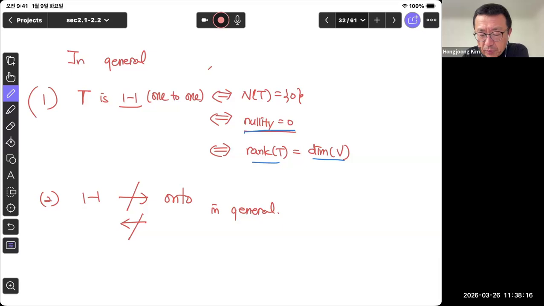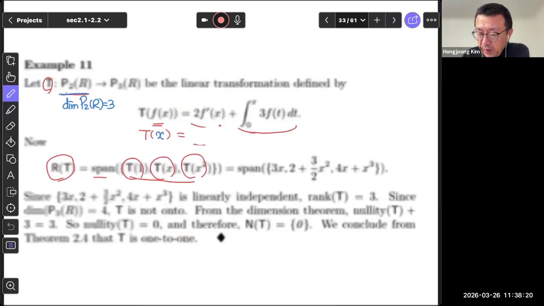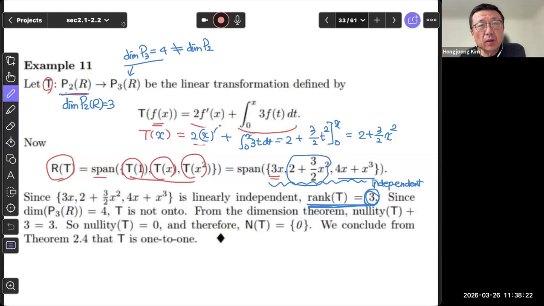So the mapping will always be 1 to 1. Even though I do not know the calculus in detail, the null space will be the zero space only, okay? And the mapping will be 1 to 1. And that comes from the dimension theorem.